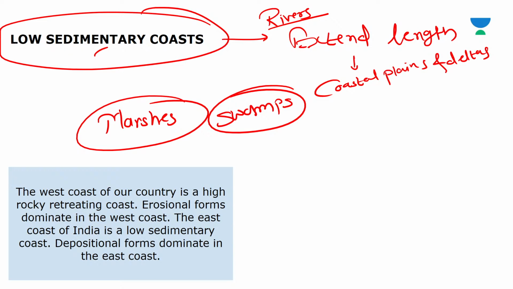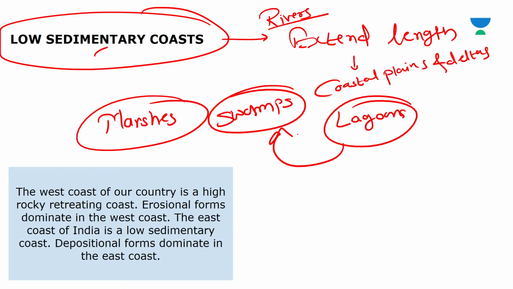So when waves break over a gently sloping sedimentary coast, the bottom sediments get churned and move readily, building bars. Then barrier bars, spits and lagoons. The lagoons would eventually turn into swamp, which would subsequently turn into coastal plain.